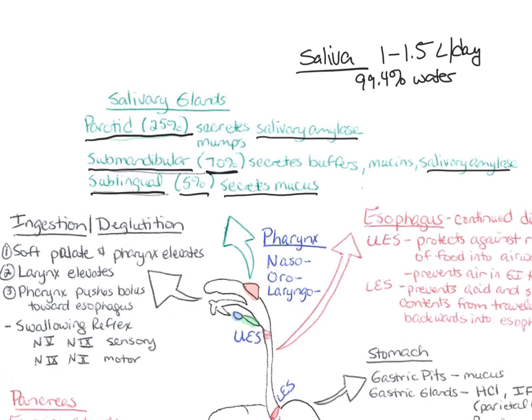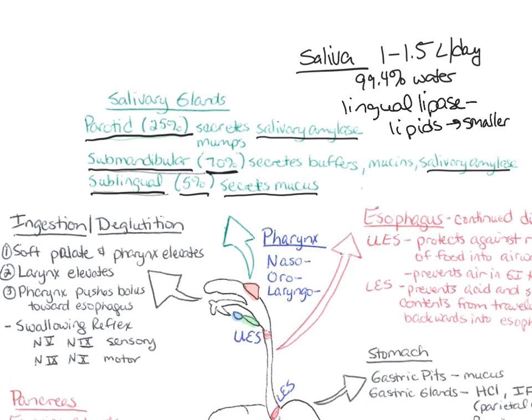And then there's another enzyme called lingual lipase, and lingual lipase isn't produced by any of these glands. It's produced by some glands under your tongue. And lingual lipase helps to digest lipids into smaller droplets. So just into smaller lipids.